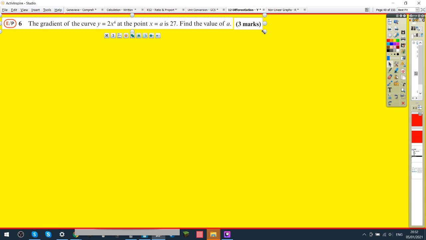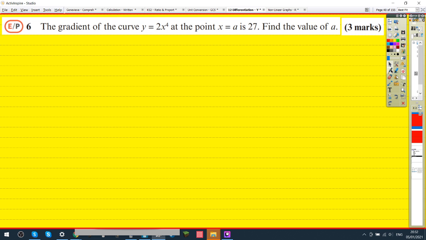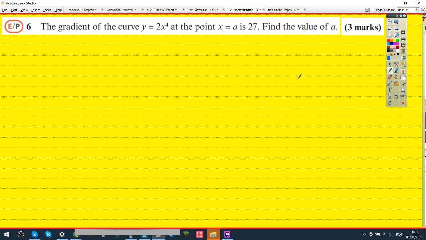Okay, how do we do this? So can you work out 2x to the 4 to be 2x cubed?